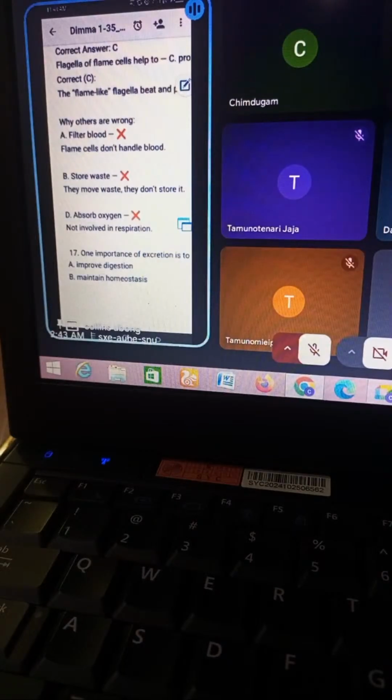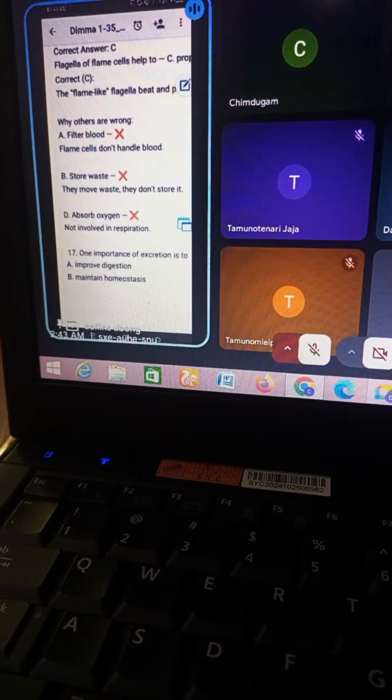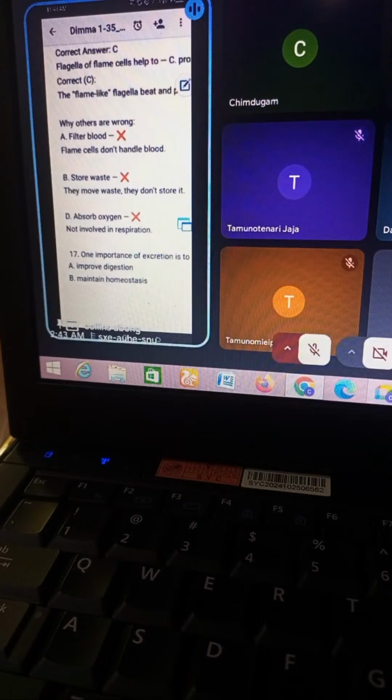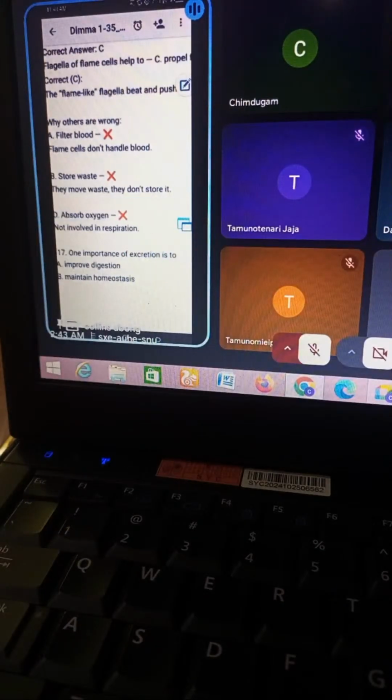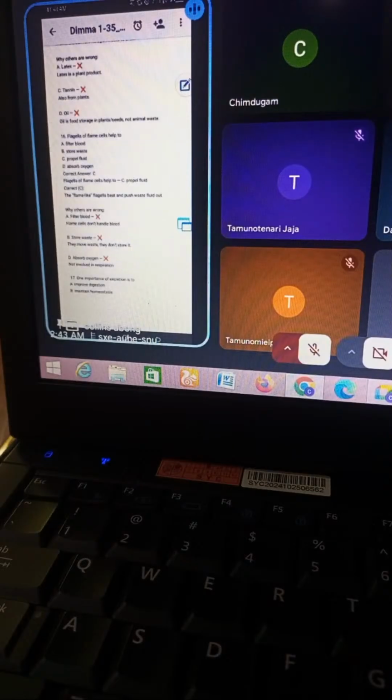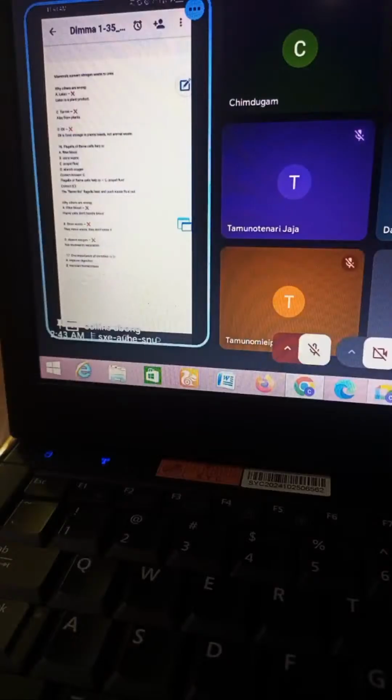Flame cells don't handle blood. Store waste. They move waste. They don't store it. Absorb oxygen. They are not involved in respiration. So that's why the others are wrong. Somebody mentioned store waste. Yeah, I hope you have seen why that's not the answer.